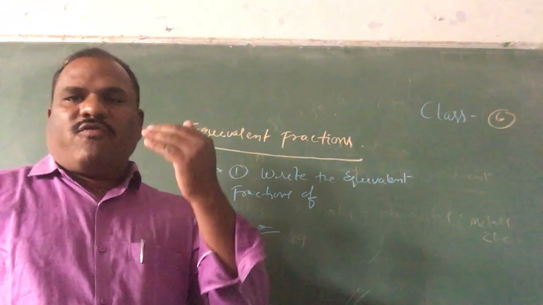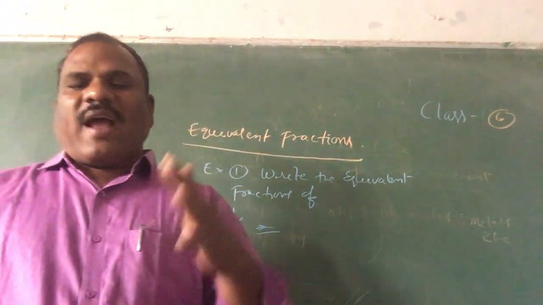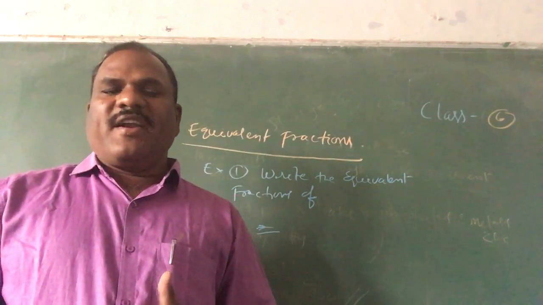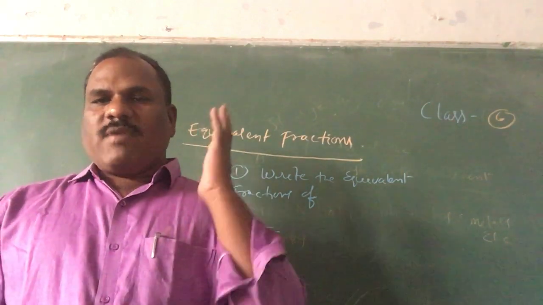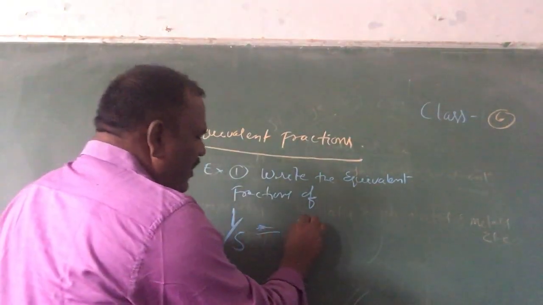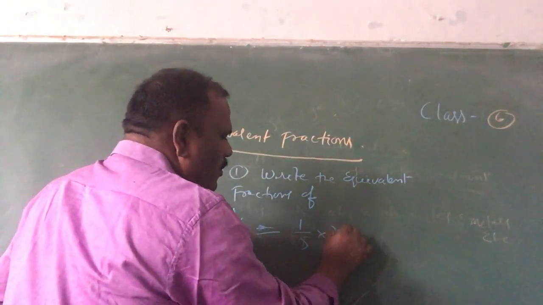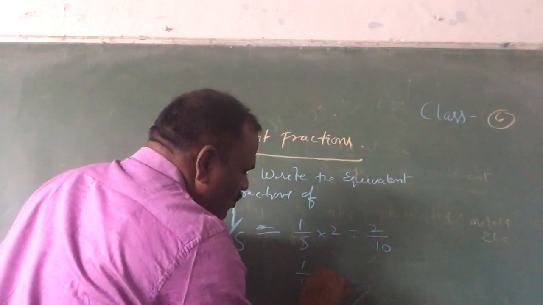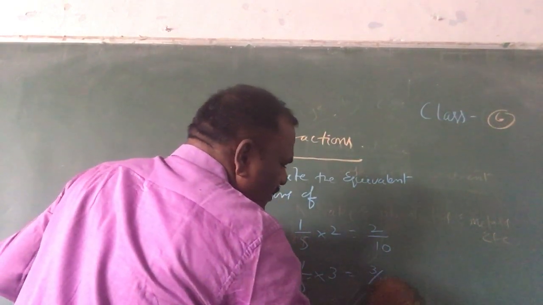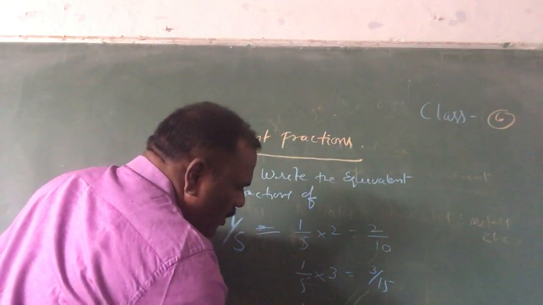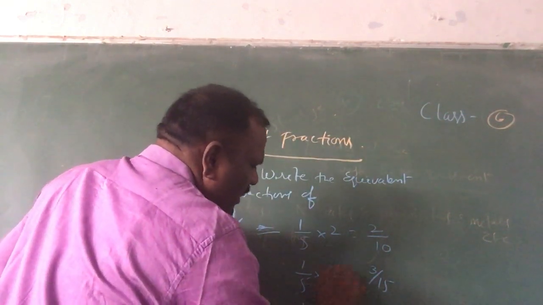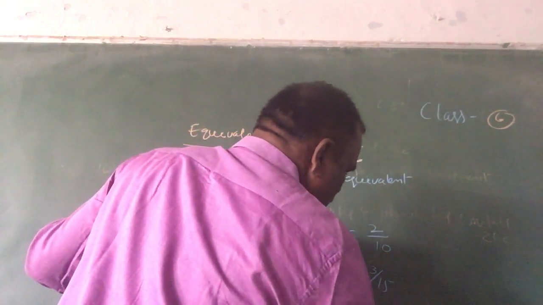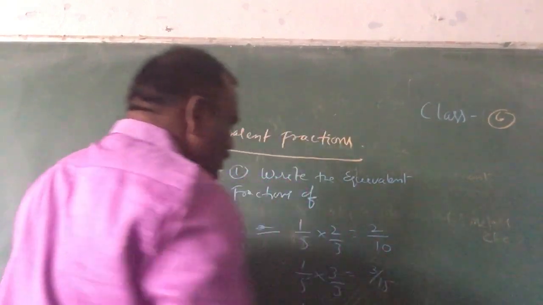I already defined that equivalent fractions arise when we multiply both numerator and denominator by the same number. For example, 1 by 5 into 2 equals 2 by 10. 1 by 5 into 3 equals 3 by 15. 1 by 5 into 4 by 4 equals 4 by 20. So on.